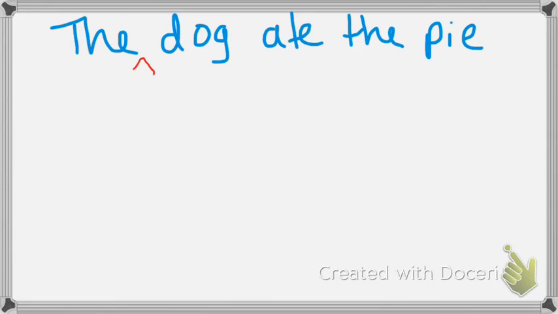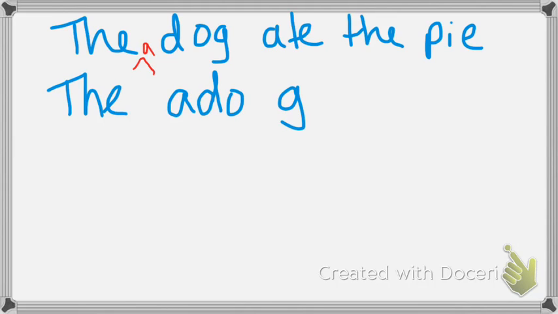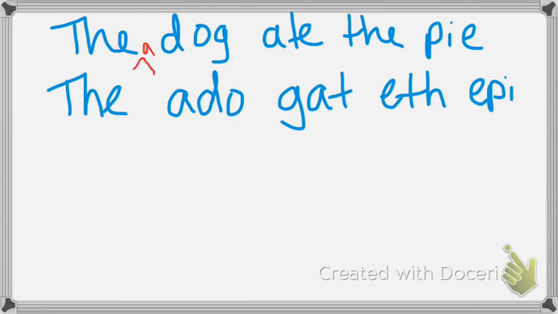We're going to insert an A. So our sentence is going to read now, after this insertion, the A-D-O G-A-T-E-T-H E-P-I, and then E something something. Okay, so we have shifted now our reading frame in the opposite direction as we did in the deletion, all because we've added in this extra A here.